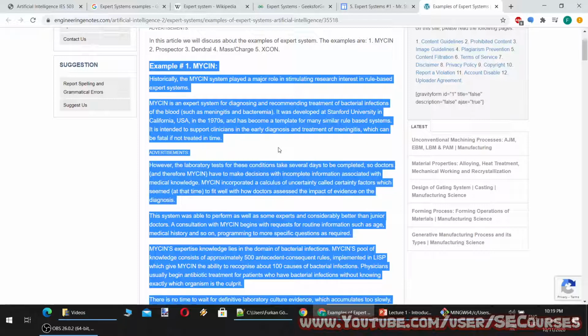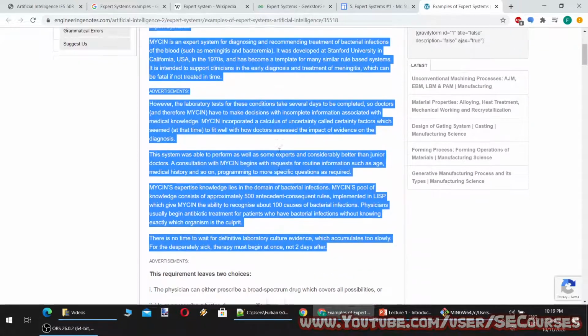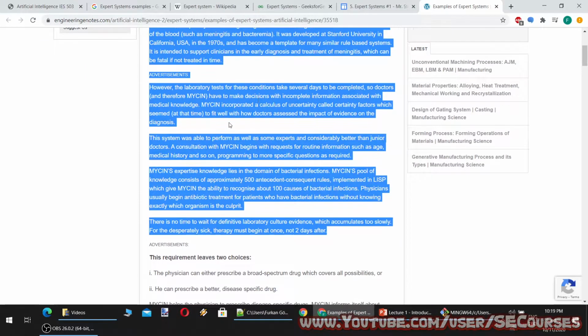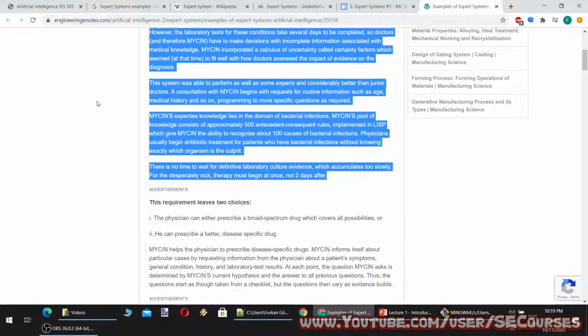It is intended to support clinicians in the early diagnosis and treatment of meningitis, which can be fatal if not treated in time. However, the laboratory tests for these conditions take several days to be completed, so doctors and therefore Mycin have to make decisions with incomplete information associated with medical knowledge. Mycin incorporated a calculus of uncertainty called certainty factors which seemed, at that time, to fit well with how doctors assessed the impact of evidence on the diagnosis.